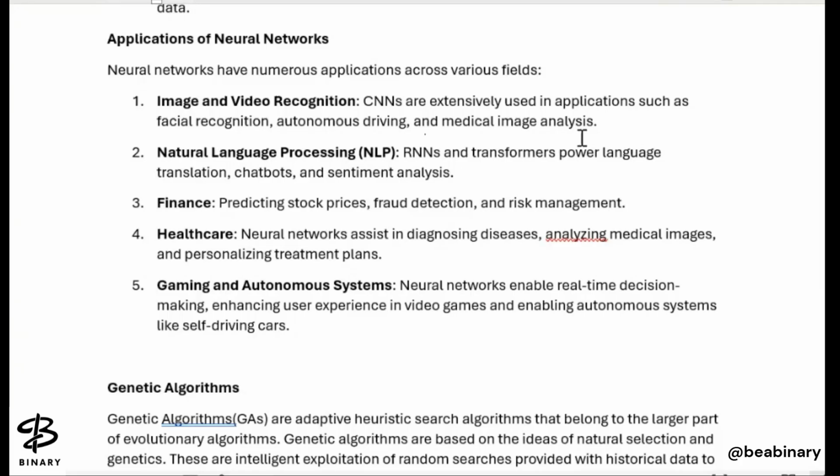Natural language processing, or the RNN, and transformers power language translation, chatbots, and sentiment analysis.